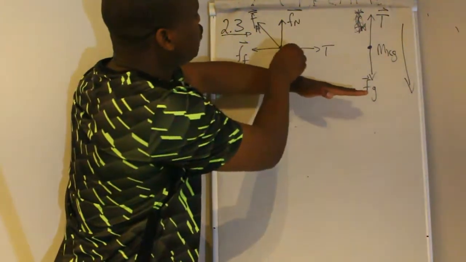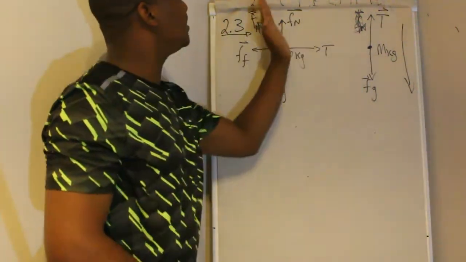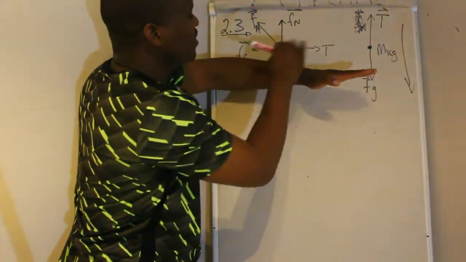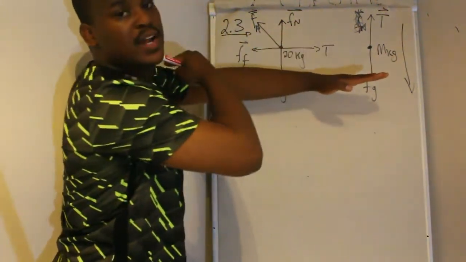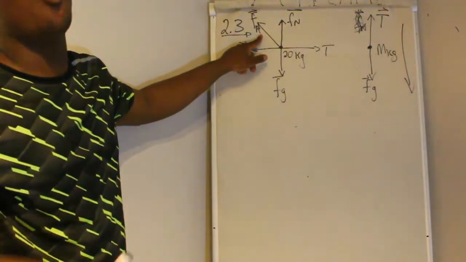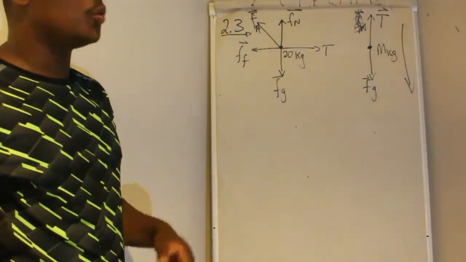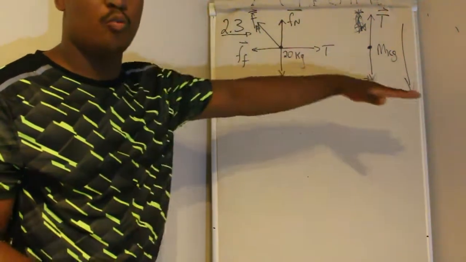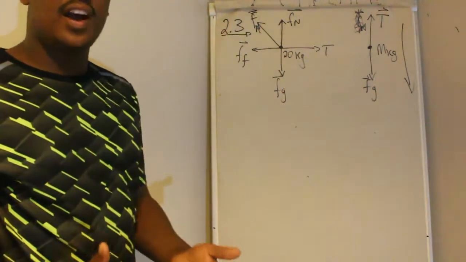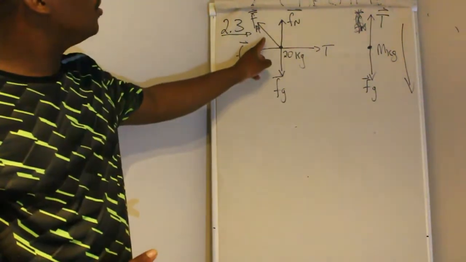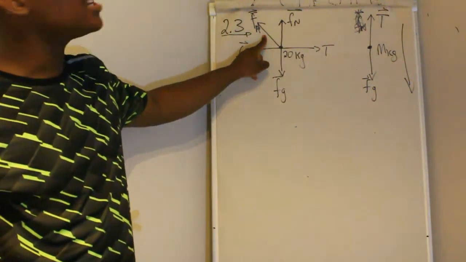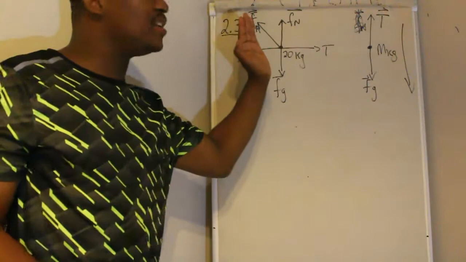Two forces are horizontal, which is good, and two are vertical, which is perpendicular to the plane of movement. But now we have one force which is not parallel or perpendicular to the plane of motion. So what I always advise is to decompose or break down this applied force such that it is parallel and perpendicular to the motion.